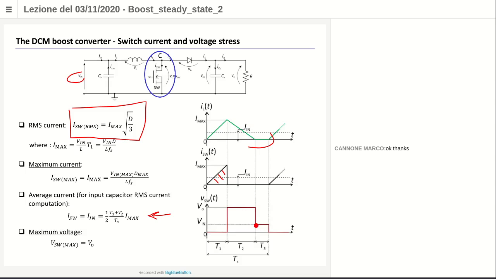You have something that oscillates like this one, due to the fact that, as I said in the previous lecture, when both switch and diode are off, they can be replaced by parasitic capacitance across the output terminals.